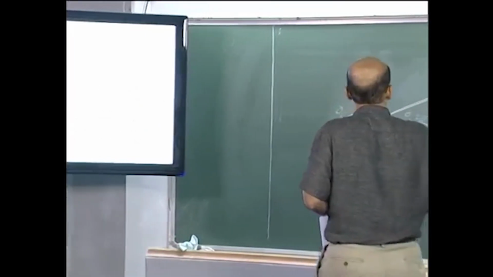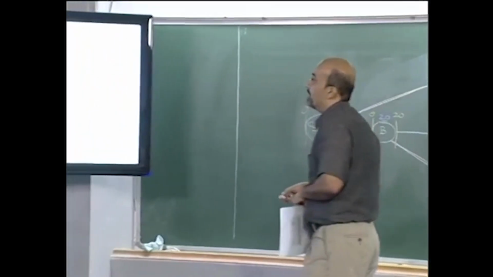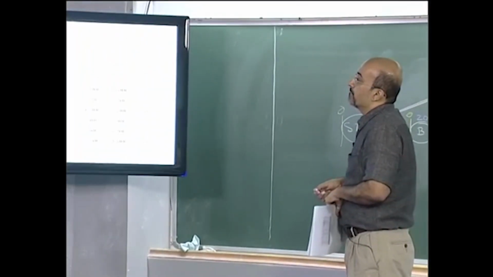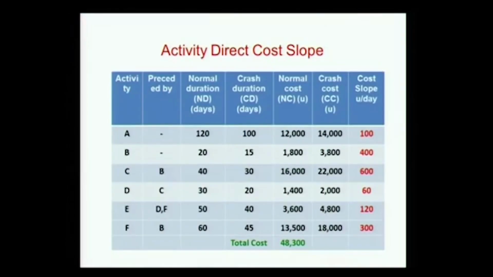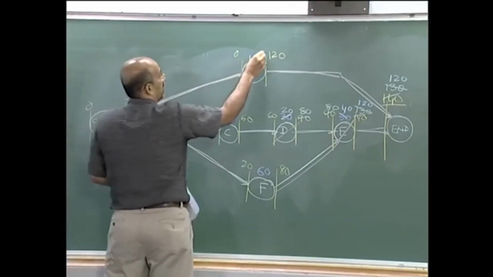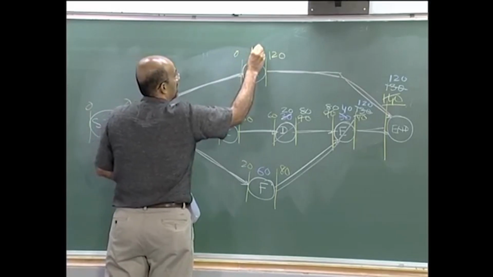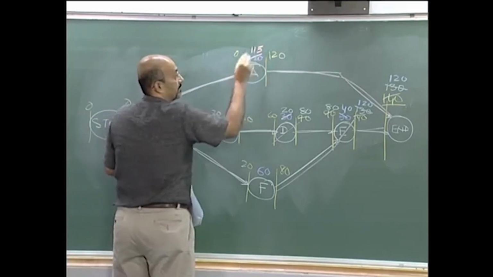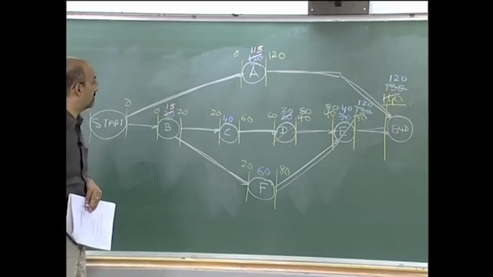So I will go with A and B. How much can I move A by, and how much B? B can only go by 5, so I am limited to that 5. I move B to 15, and A cannot go less than 5, so it is out at 150.